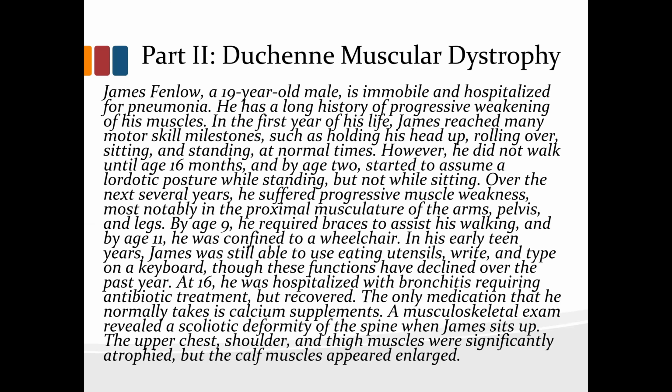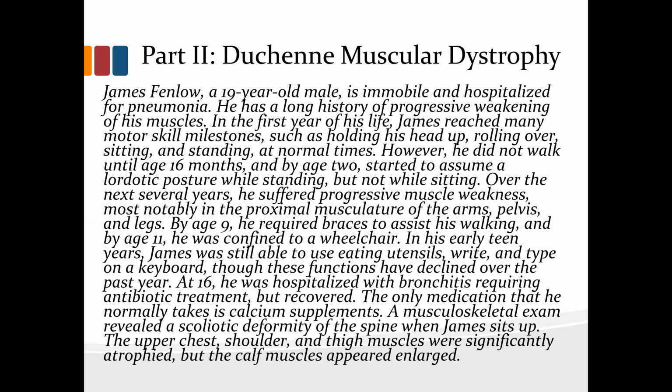Over the next several years, he suffered progressive muscle weakness, most notably in the proximal musculature of the arms, pelvis, and legs. By age 9, he required braces to assist his walking, and by age 11, he was confined to a wheelchair. In his early teen years, James was still able to use eating utensils, write, and type on a keyboard, though these functions have declined over the past year.